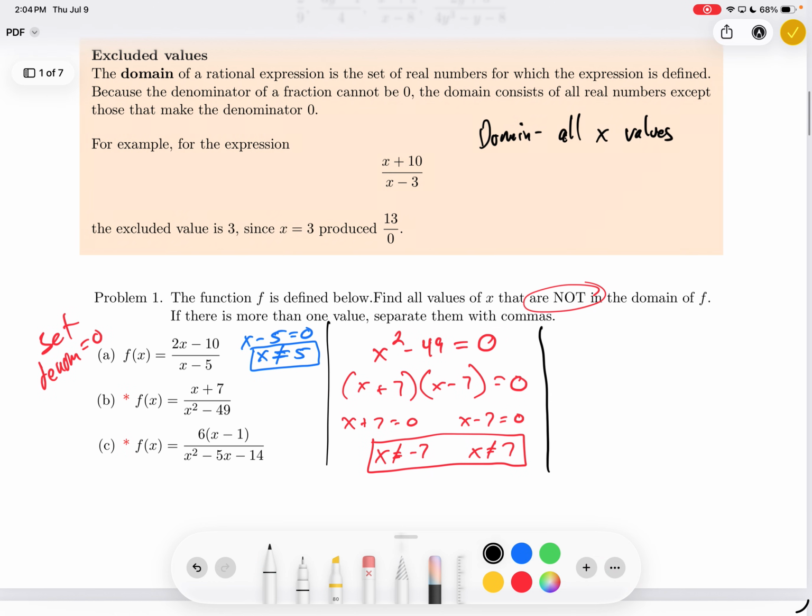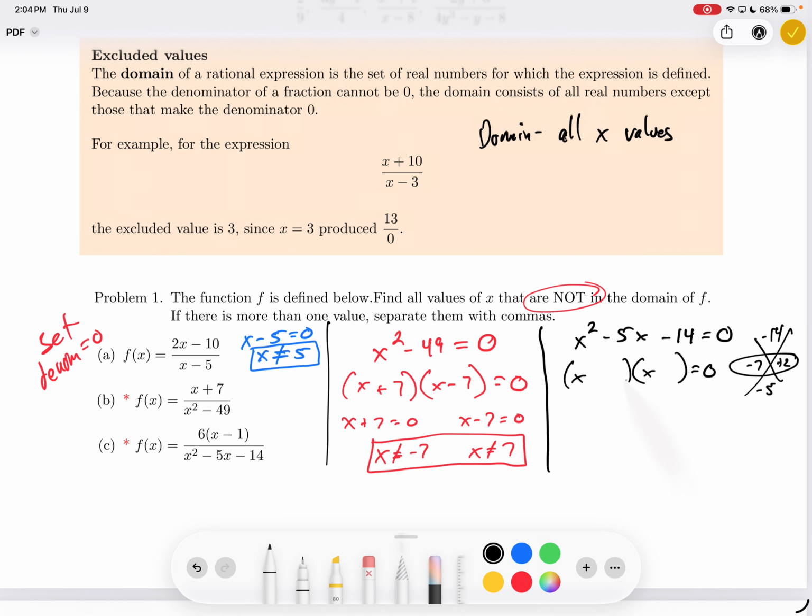And then the last one, another good refresher over what we were doing yesterday. When you set that denominator equal to 0, you're looking at, okay, what multiplies to be negative 14 and adds up to be negative 5. That'll be negative 7, positive 2.